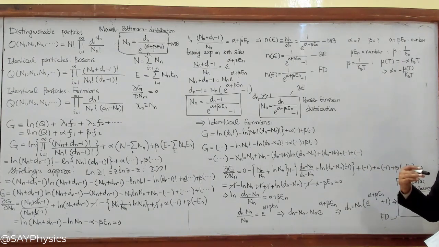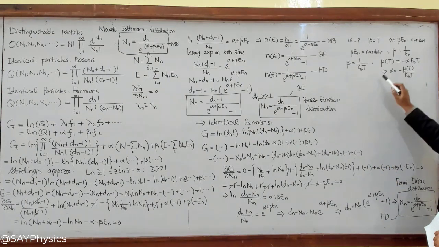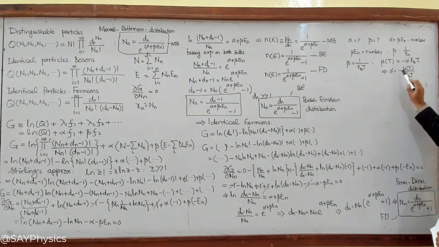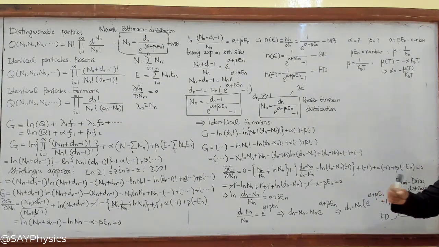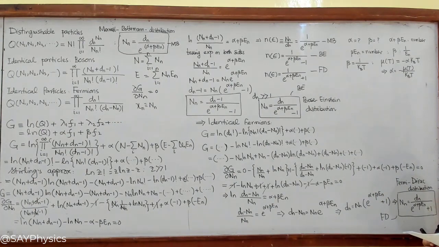Many particles have the same energy, but when you change the number of particles, the chemical potential will change. You put one particle, another, and the chemical potential will be changing.